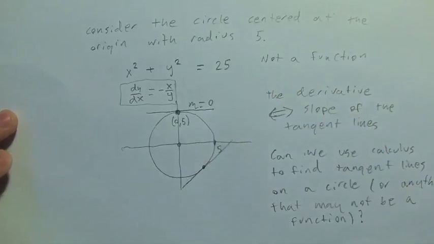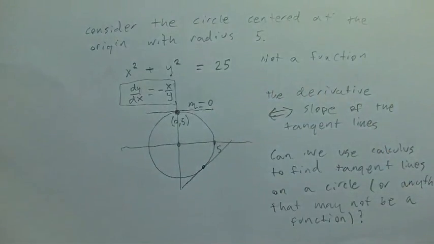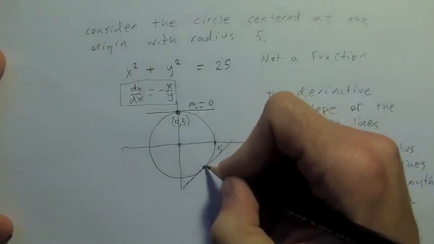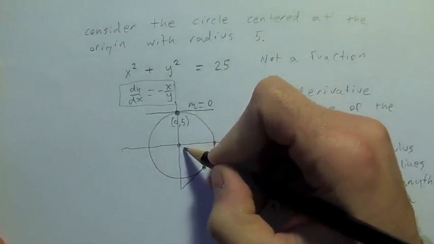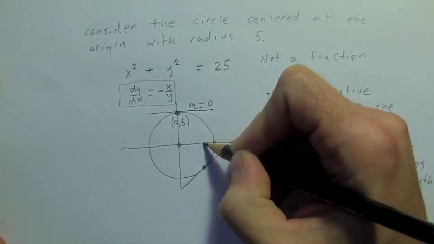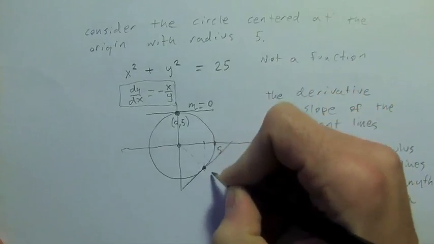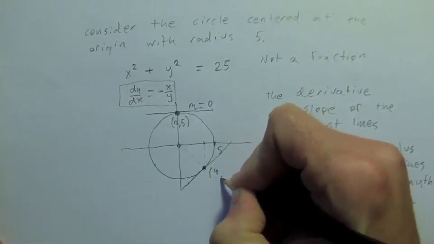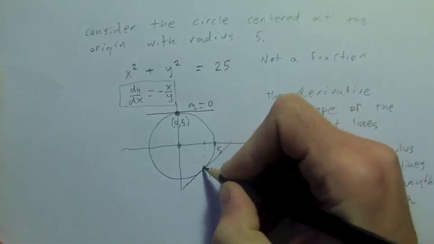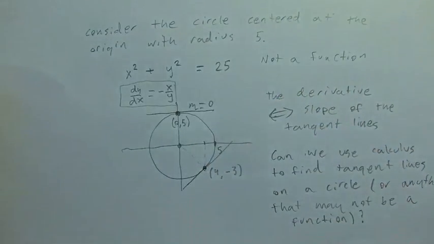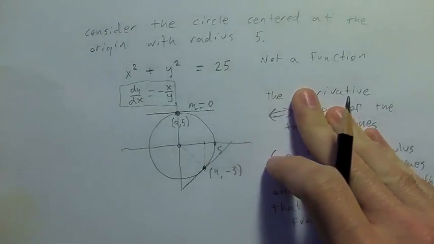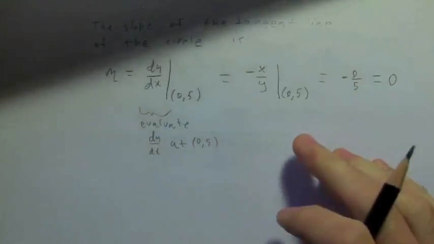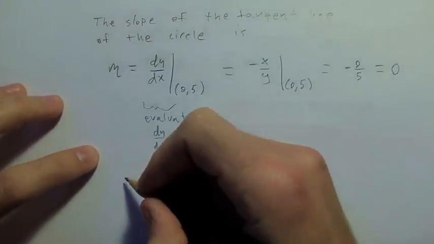It's very clear to see from the picture. Okay, how about we look at this point? Let's say that this is the point 4, -3. That is a point on this circle.